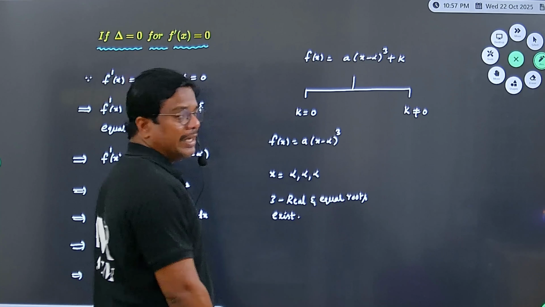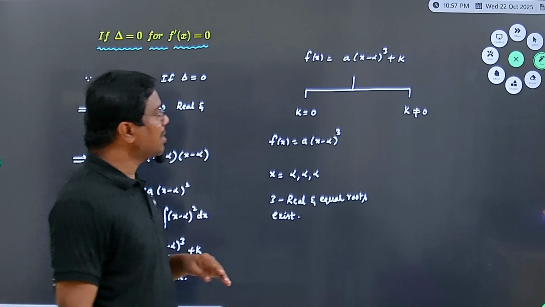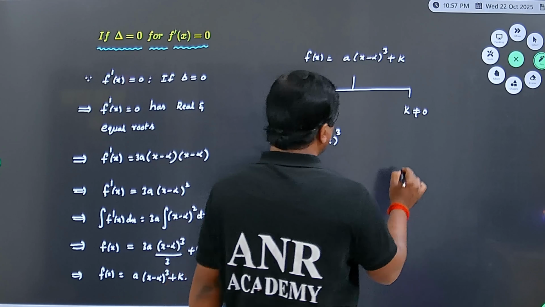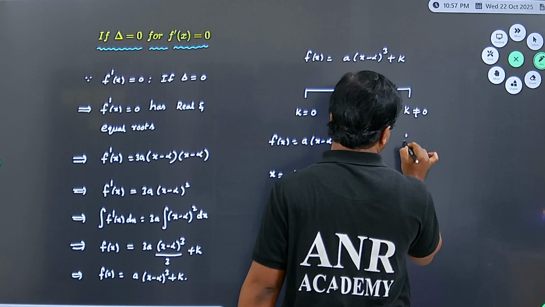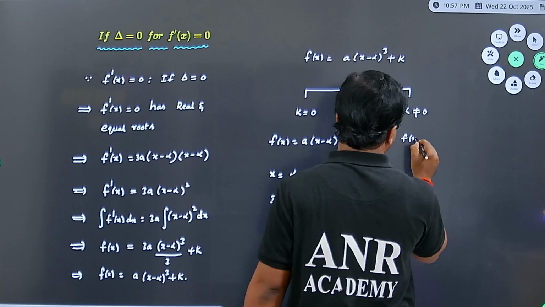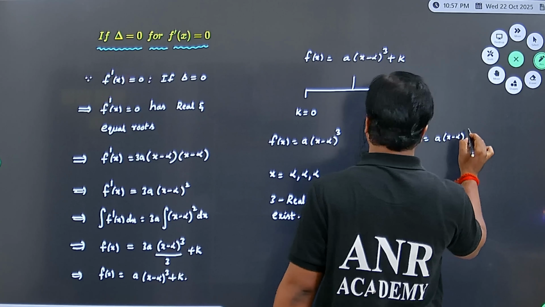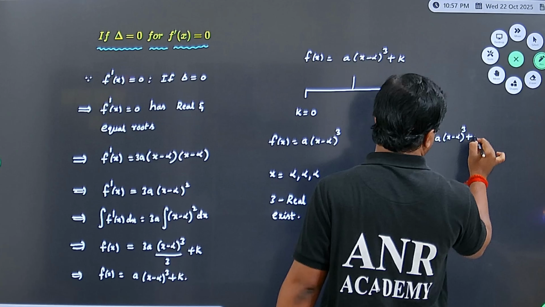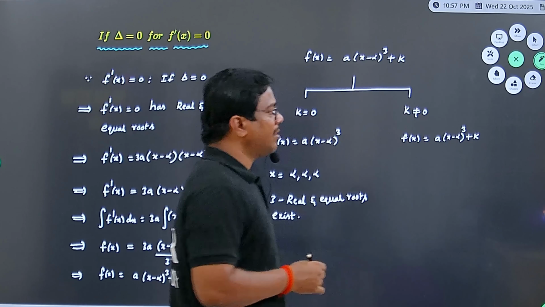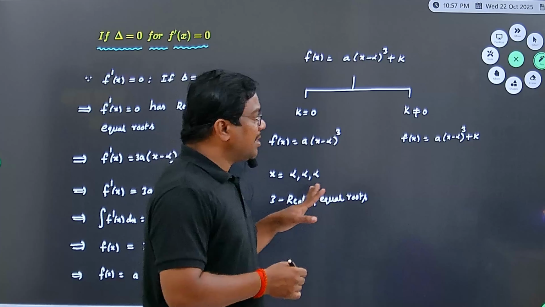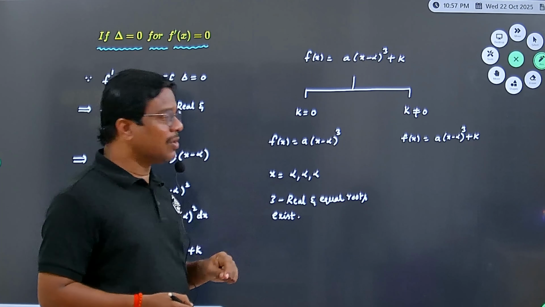Next, suppose k is a non-zero quantity. When k is non-zero, f of x equal to a of x minus alpha whole power 3 plus some constant k. Let us discuss the nature of the roots.